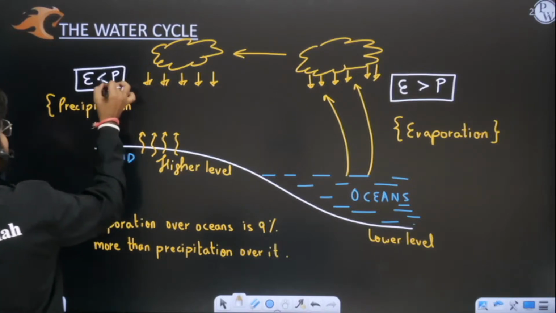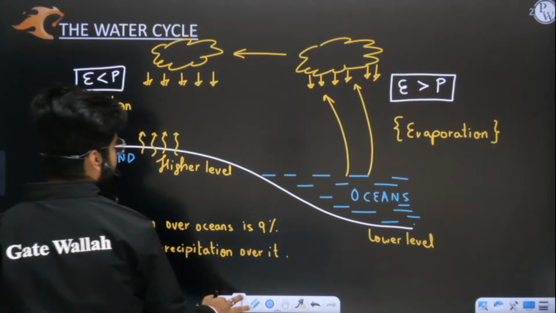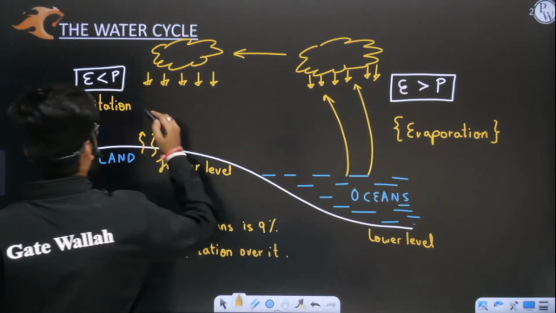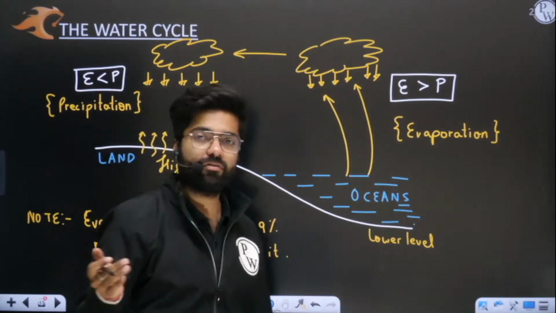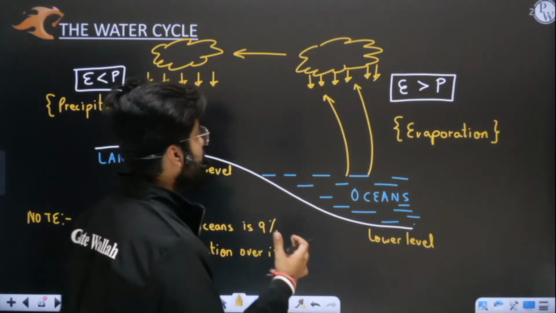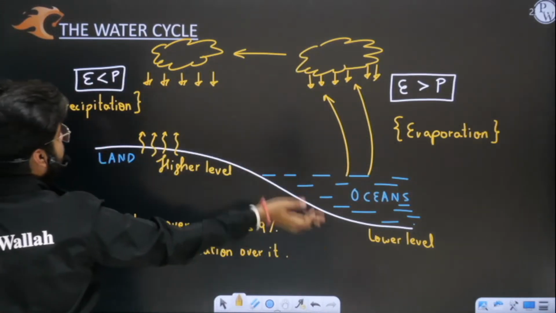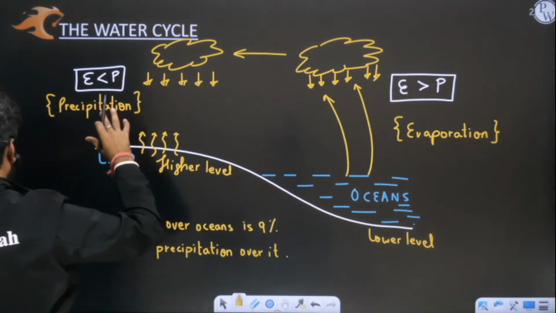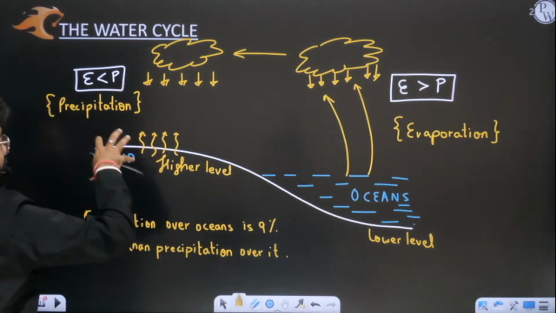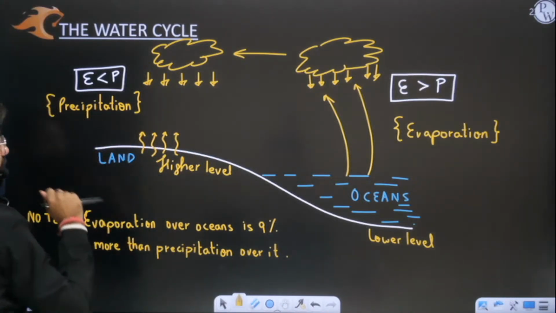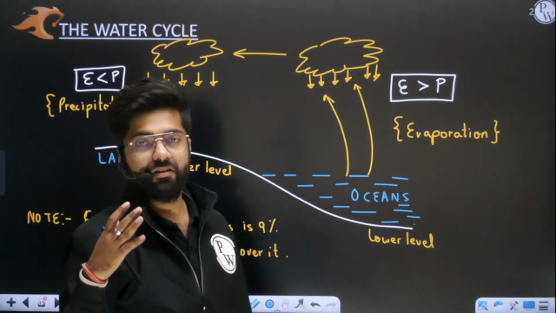On land masses, precipitation is more. Yes or no? So on land masses we have more precipitation, and above oceans we have more evaporation. So overall, water is moving from oceans to lands, and whatever extra water is stored on the land masses, we store it in lakes, and in rivers behind dams.